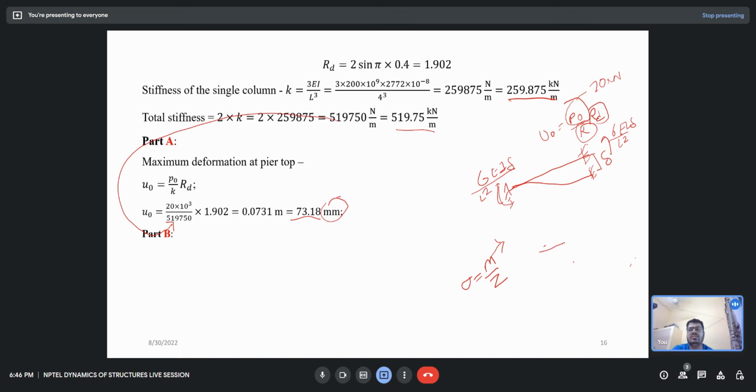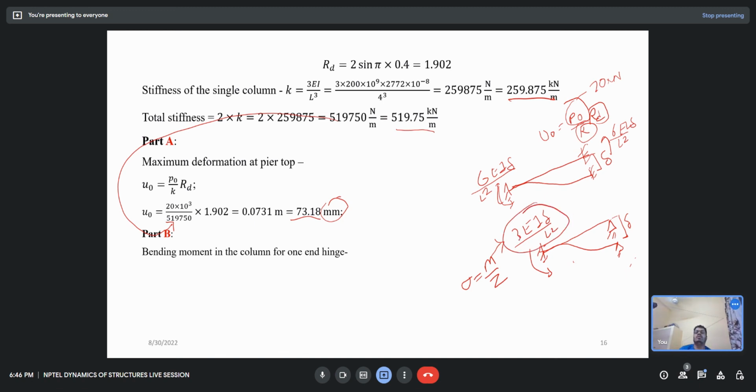If my one end is hinged and it is settled by delta, then my bending moment is given as 3 EI delta over L square. So this is my bending moment. If one end is hinged, 3 EI delta. Here my delta corresponds to U naught.